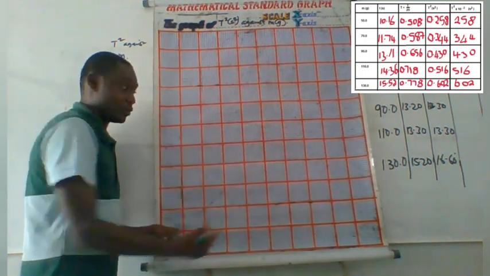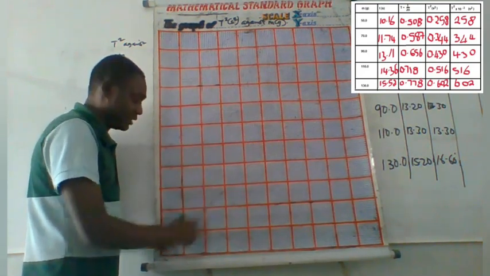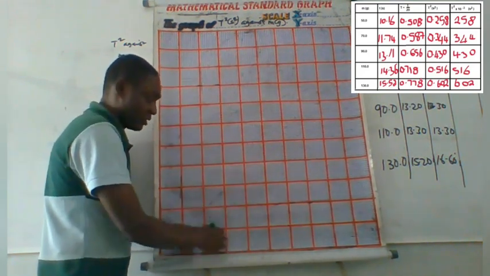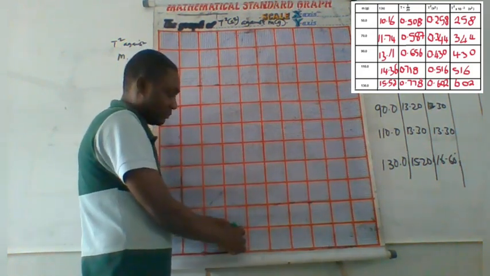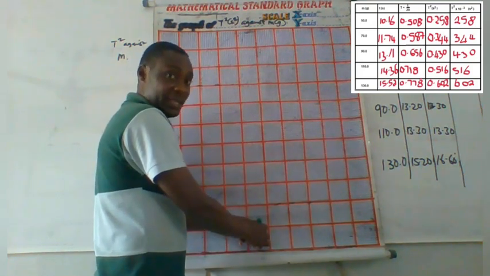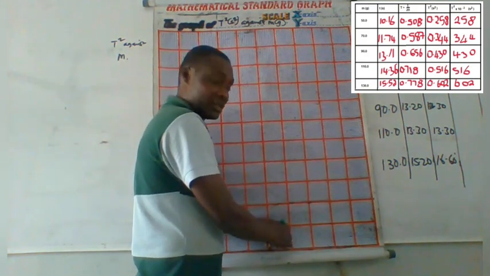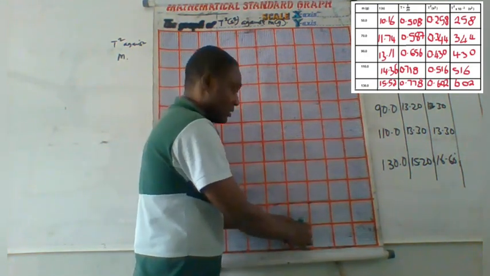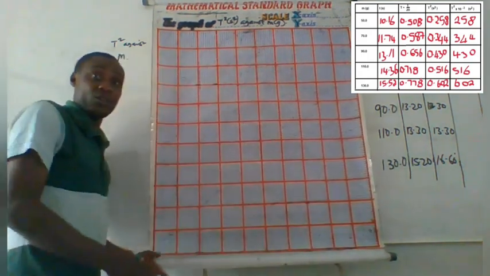But it makes the graph look very small. So what if we go with 20, 40, 60, 80, 100, 120, 140, 160. So you see that will be enough.